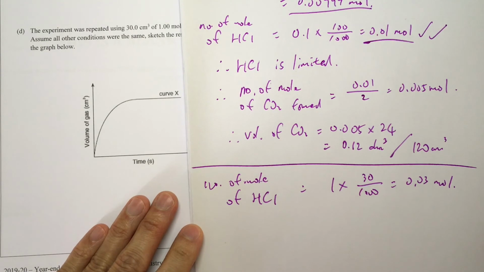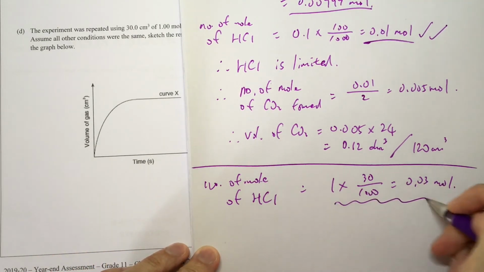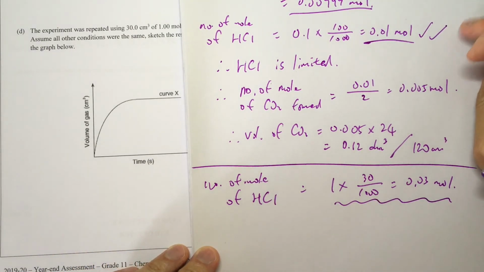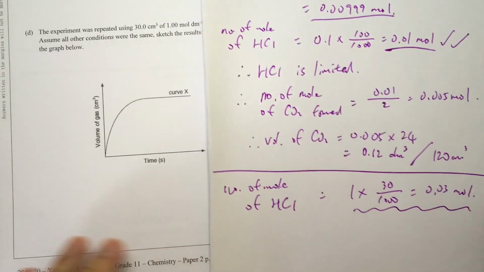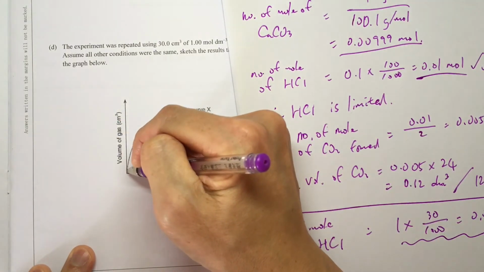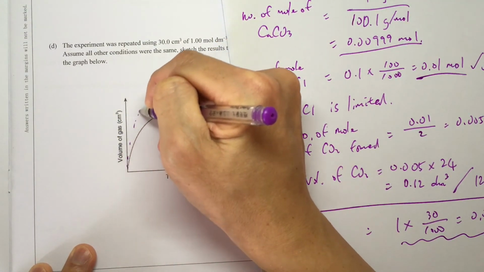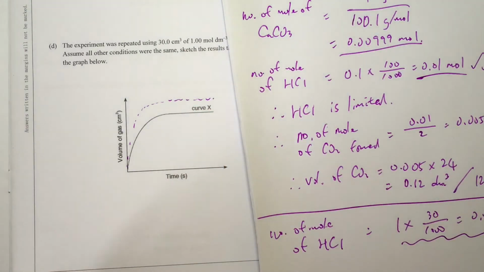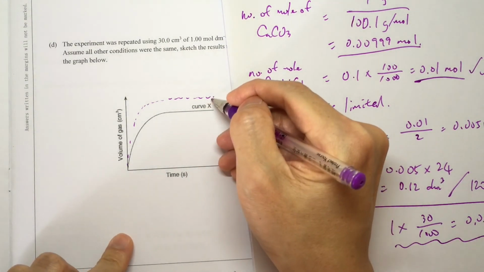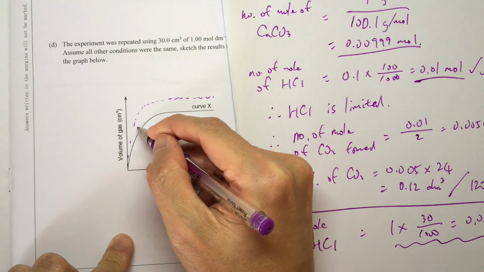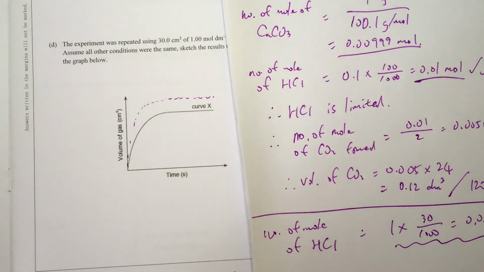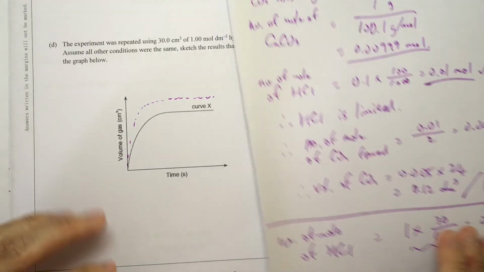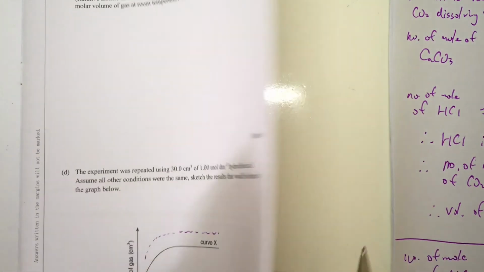In the last section the HCl is limiting, but this time HCl is in excess. So the curve should be higher, not only higher, but steeper because the concentration is more, so the reaction rate should be faster.